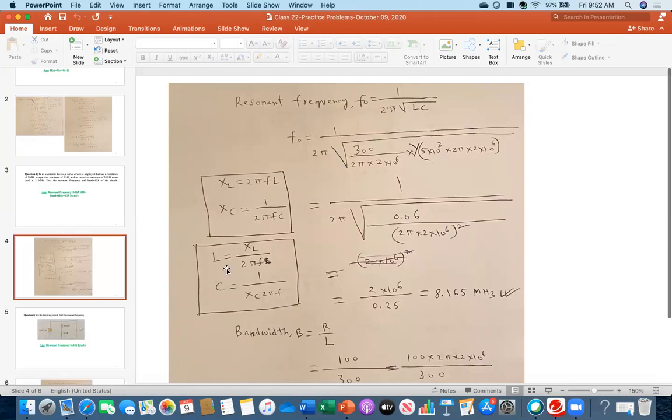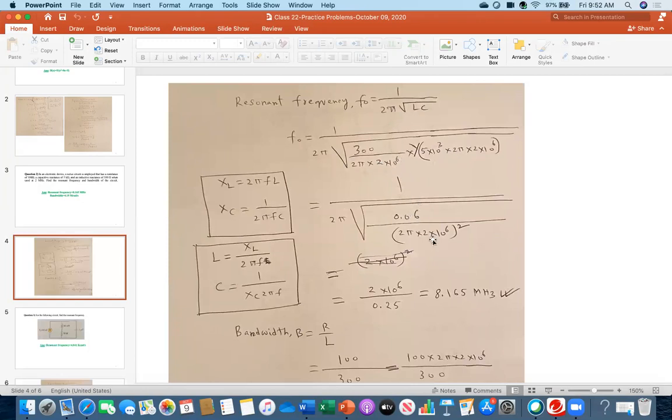See the left side, these are the main thing. XL and XC. From there you will be getting L and then you will be getting C. Because unless you get L and C, you cannot plug into that equation. Either this equation or the omega naught equation, you need that root over LC. You need to get the value of LC. And then the rest of the thing is your calculator.